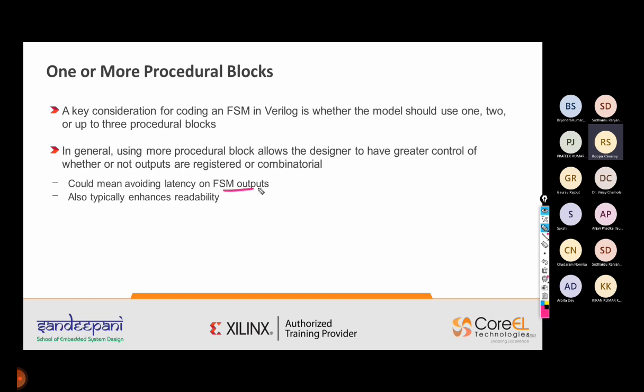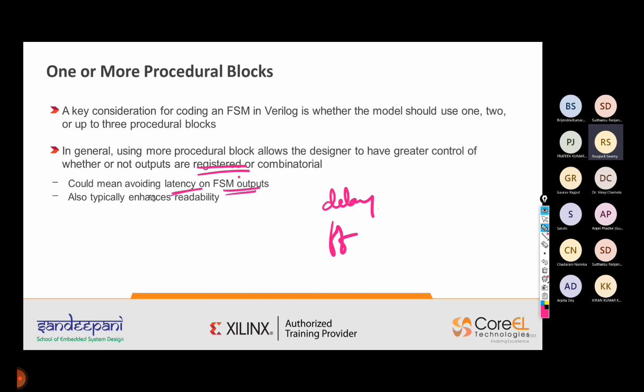But when you have the output registered, there is a possibility of an extra delay in the system because a flip-flop is added, which may lead to latency in the system.